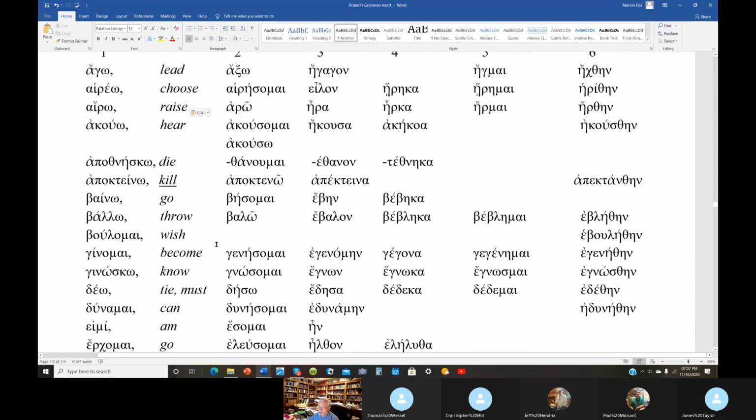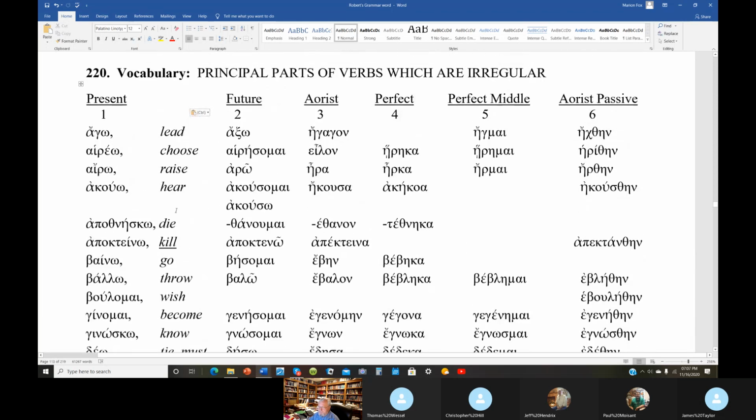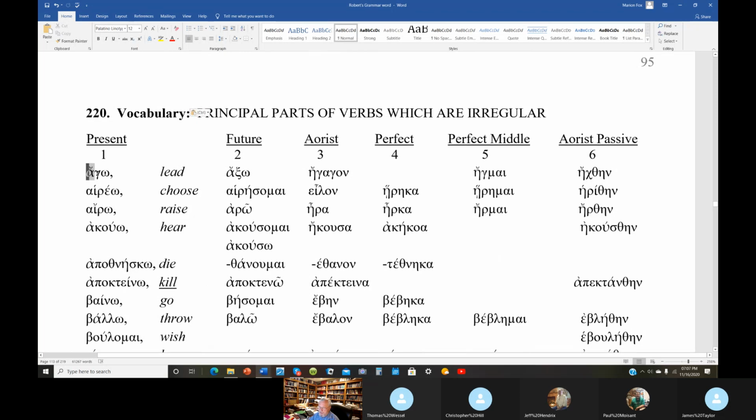They're irregular. Ago is irregular. I lead. Axo, there's your future form. See, there's your stem, and it's not a gamma anymore. Because if you put a gamma and a sigma together, you get a xi. That's what you get for putting a gamma and a sigma together.